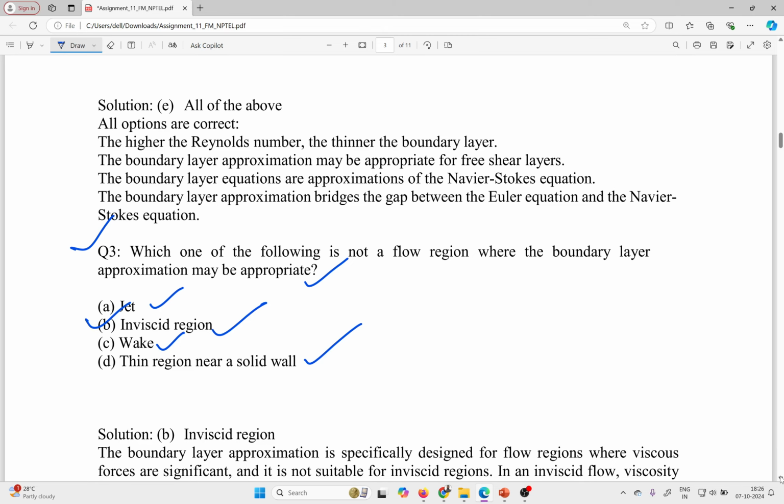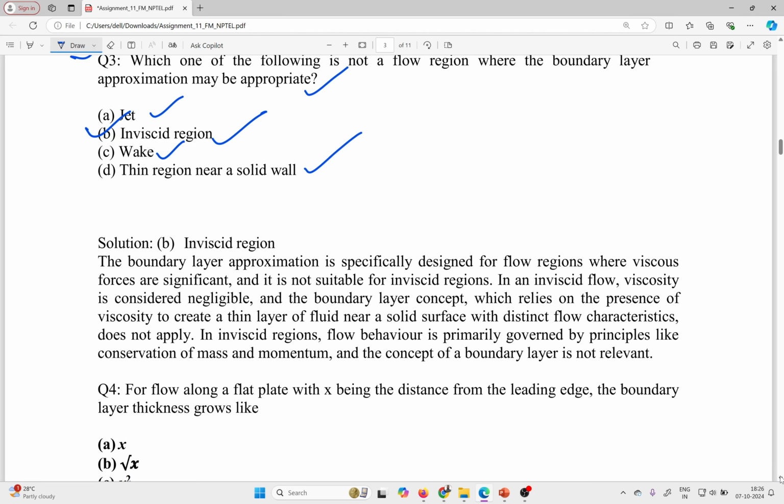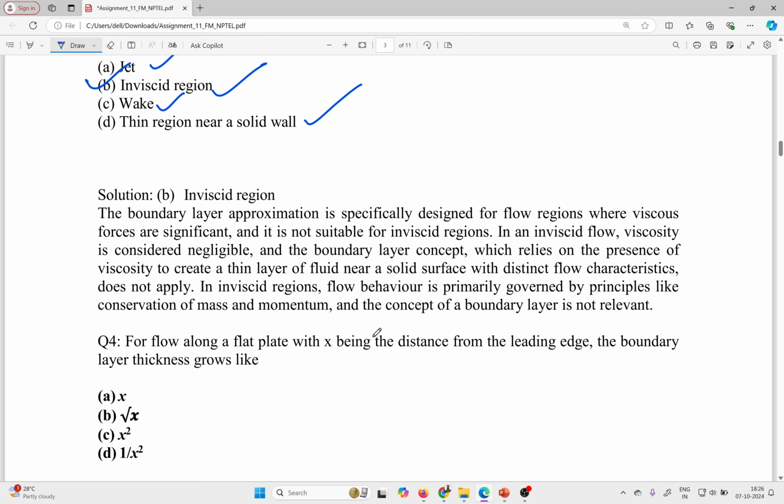Next question, here I have written, you just go through the explanation. Question number 4. For the flow along a flat plate with x being the distance from the leading edge, the boundary layer thickness grows like, option A, B, C, D. Which one is correct? Please try to give your answer.